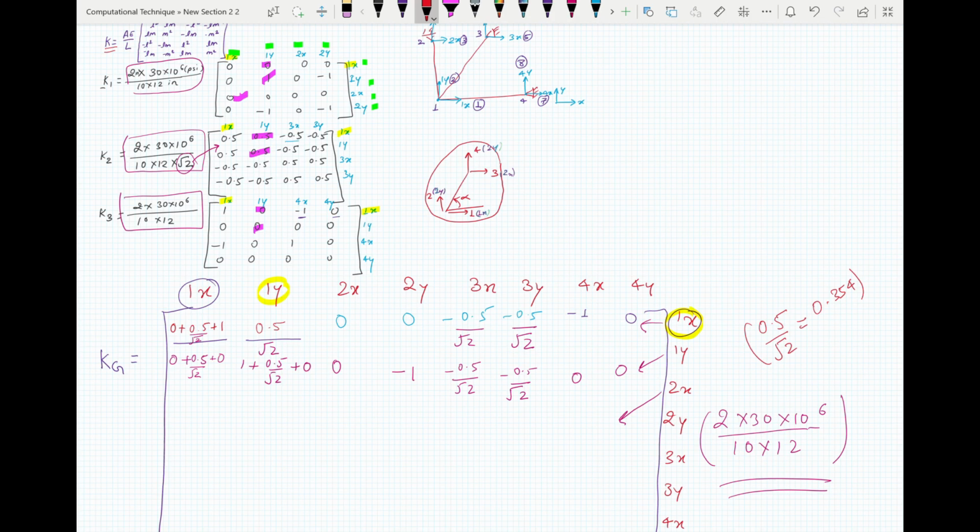For the 2x, what we are going to do is you can look here. This one will be 0. Now 1y, 2x will also be 0. Now 2x, 2x, it will be 0. 2x, 2y. Now for 2x, 3x, this is also 0, 0, 0, and 0. So this is our third row.